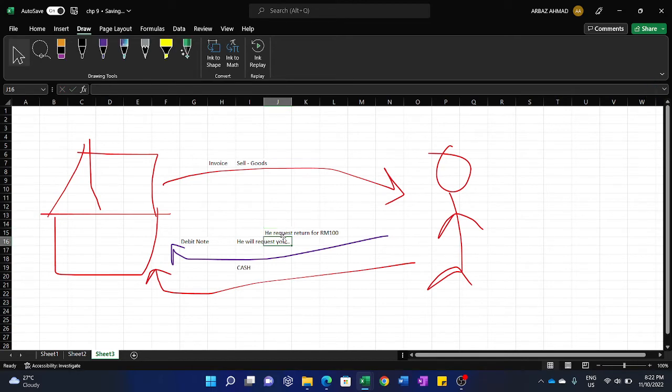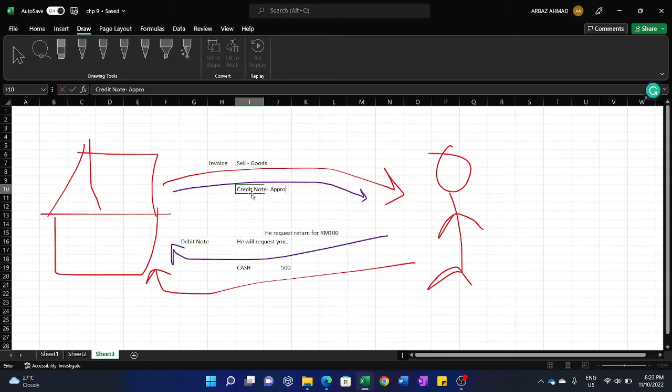He bought the goods, let's say, for 500. If he requests a return, it depends on you whether you want to give him the return, whether he is fulfilling your policy, whether he is within the criteria of return. If he falls under return, you give him the return. And how do you give him the return? You issue a credit note, saying it's the approval of the debit note.